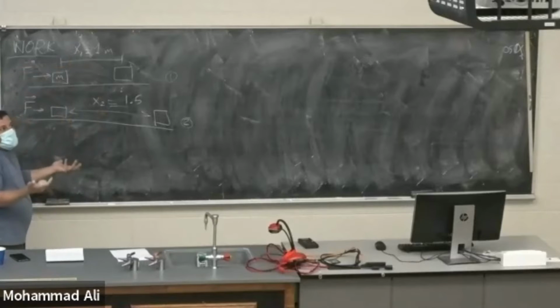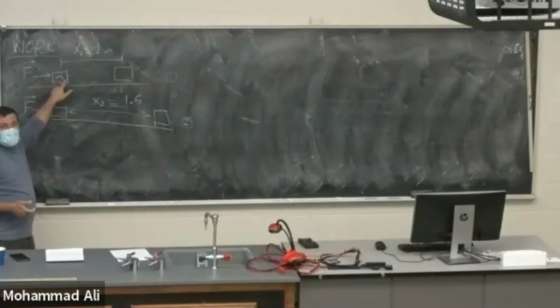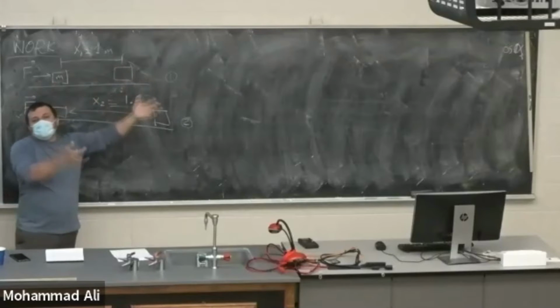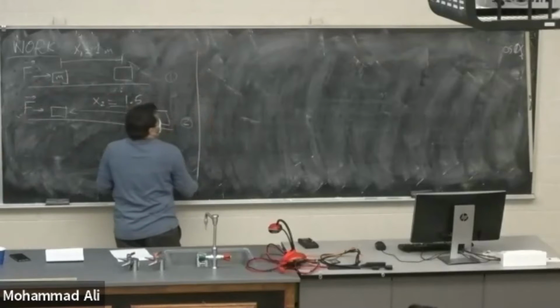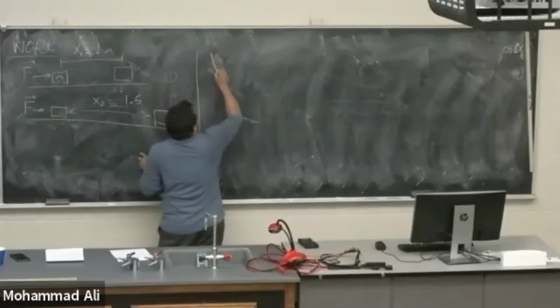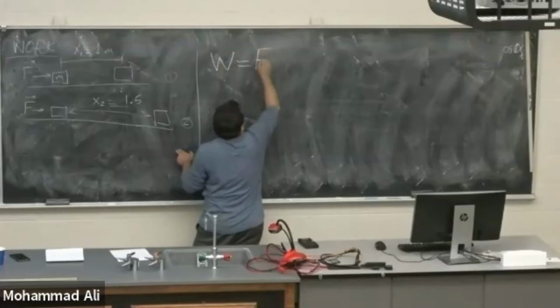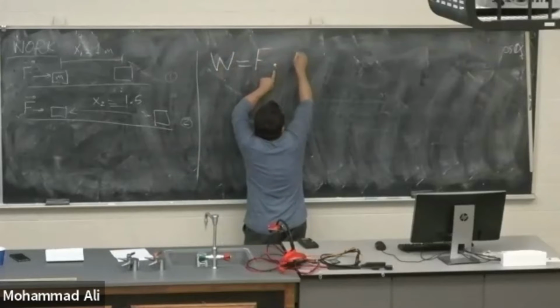It is the quantity in physics that reflects the interaction between a force and an object to move this object some distance in the direction of that force. In the direction of that force means, if we need to write our formula, the work, which is W, is equal to the force multiplied as a dot product with the distance.